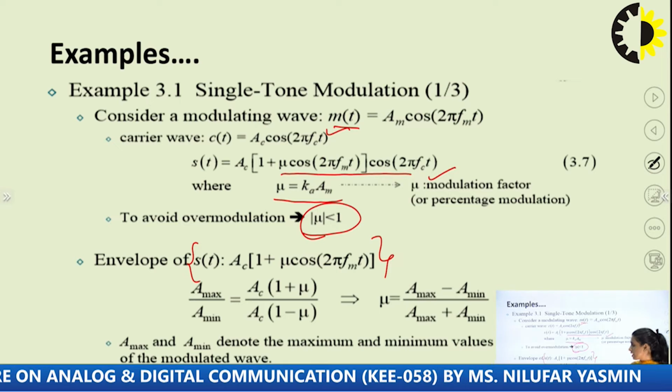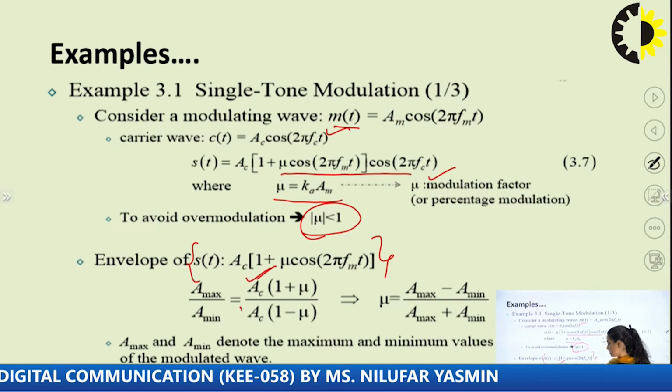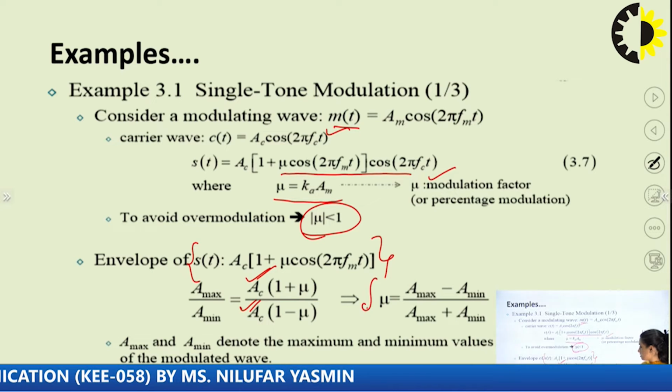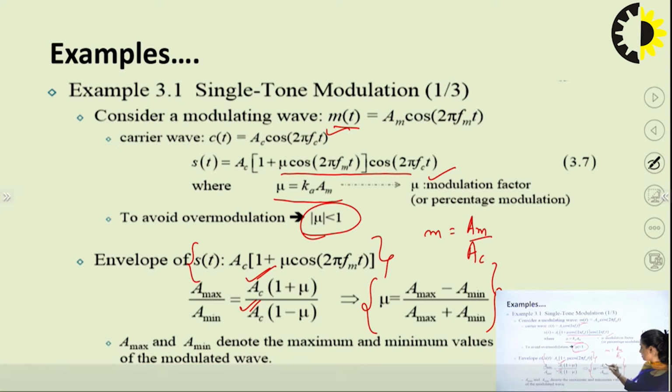So if I want to calculate Vmax by Vmin or Amax by Amin, that will come out to be this, right? So from here we get this formula. So the modulation index can be calculated with either this formula or this formula, mu or small m, Amax minus Amin by Amax plus Amin, as discussed earlier, right?